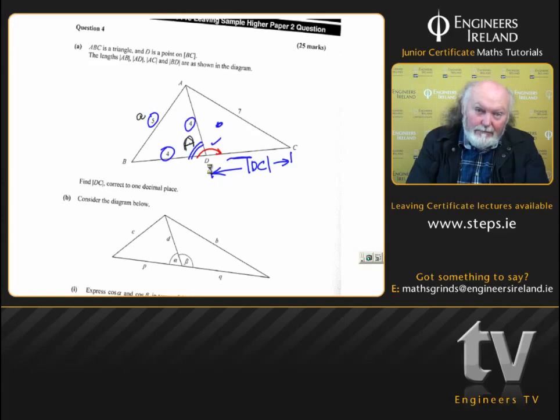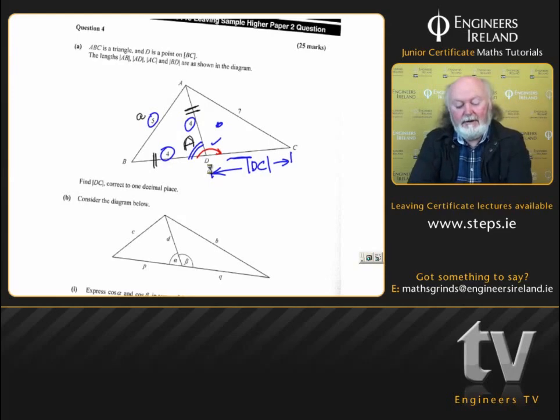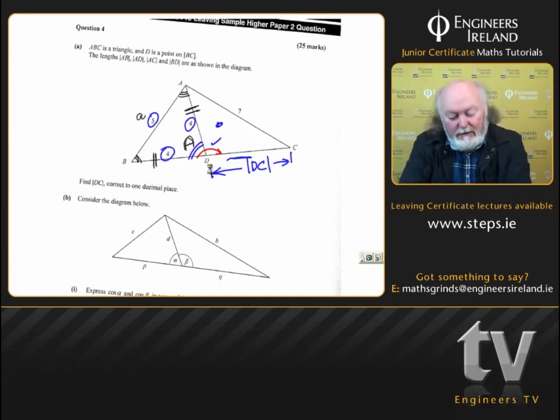What else do you know? Those 2 sides are equal, so it's also telling us something about this angle here and that angle here, and you have to decide whether or not it's relevant or whether you should go straight on to the cosine rule.